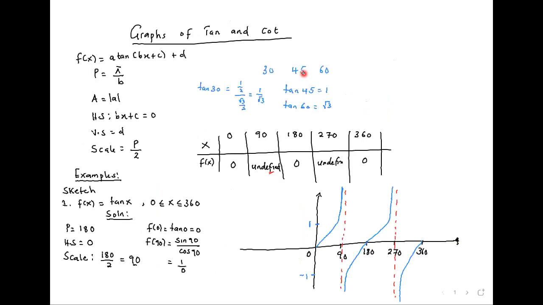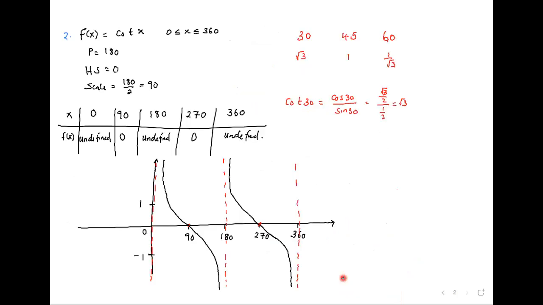Where we have zeros for tan, cot will have asymptotes here. Where we have asymptotes for tan, cot will have zeros here. And then the curve also, for tan, if it comes this way, then cot will come the opposite. Like that. That's why I can see that it's very, very easy to draw.